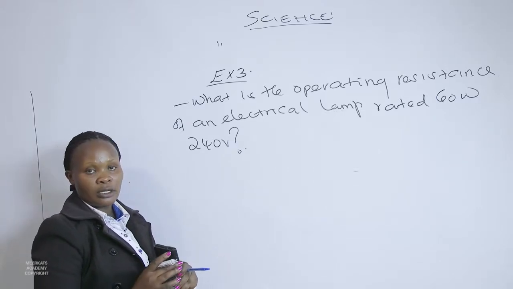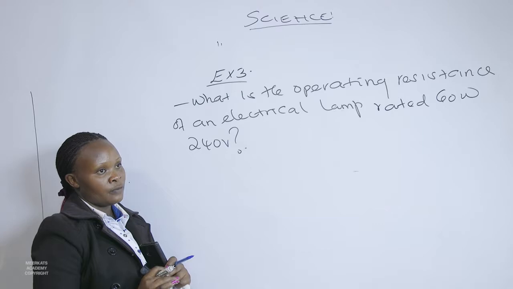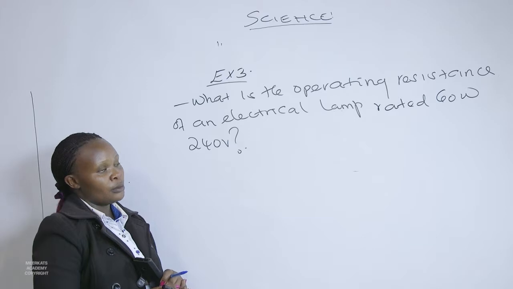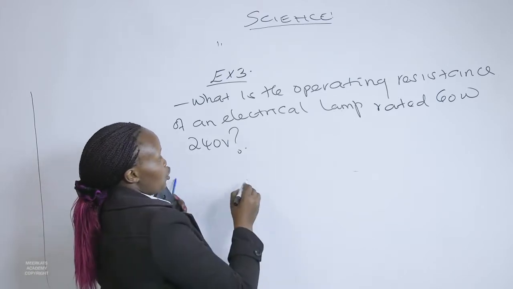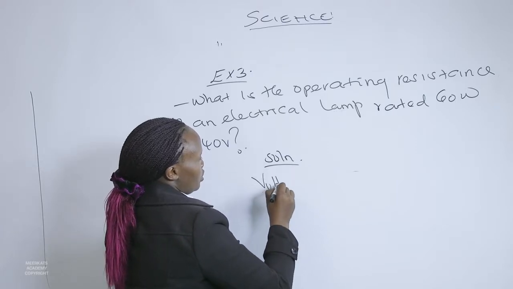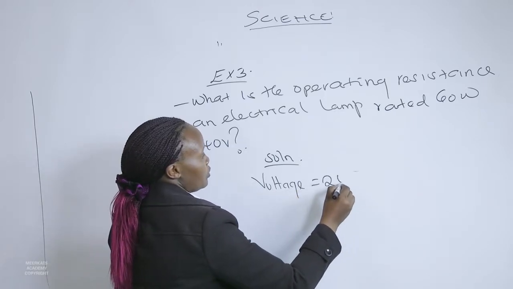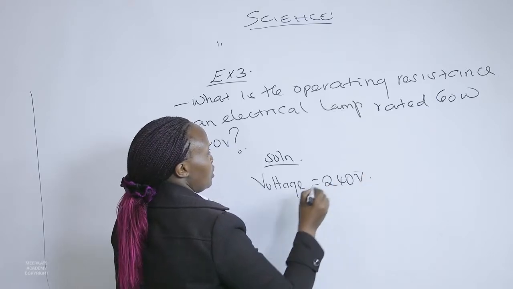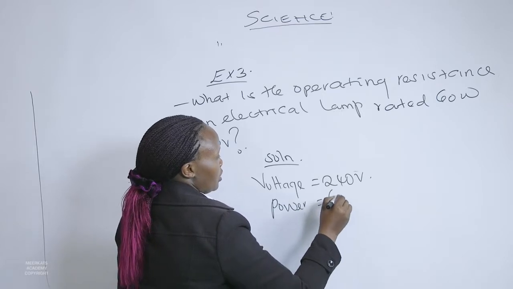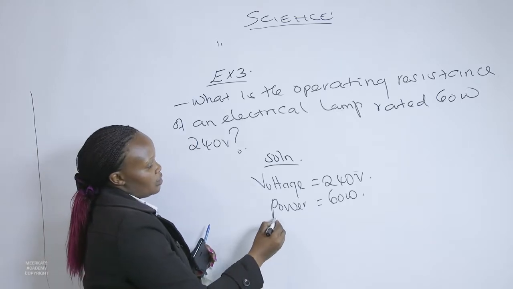What is the operating resistance of an electrical lamp rated 60 watts, 240 volts? Here we have voltage as 240, power 60 watts, and we want the resistance.